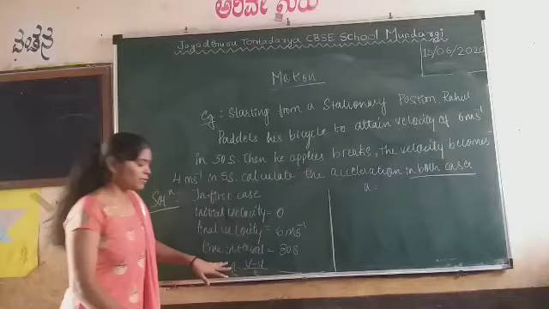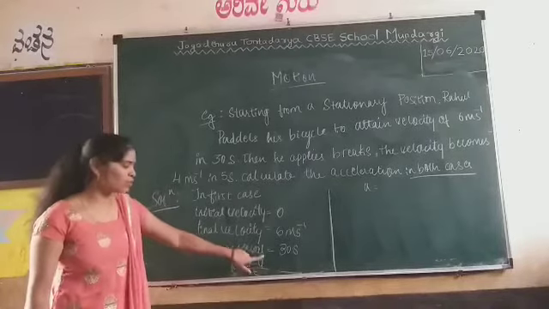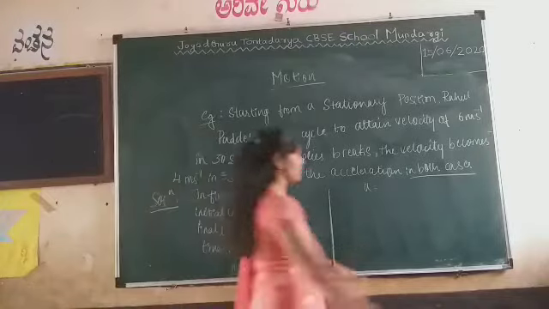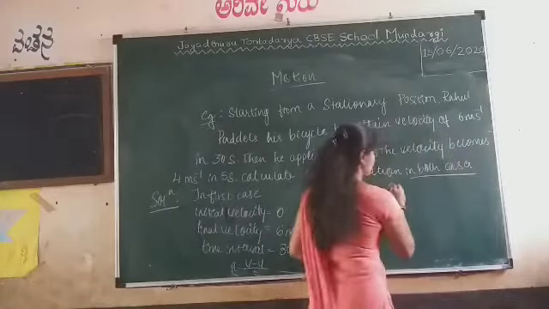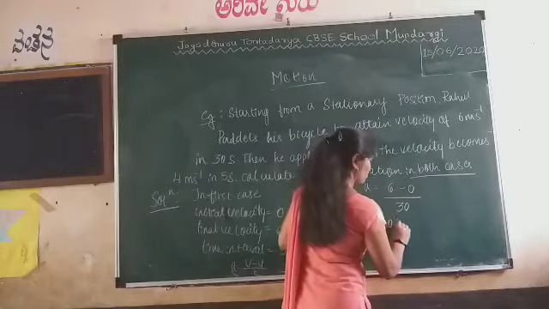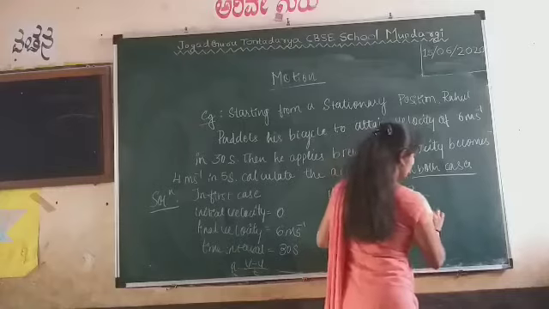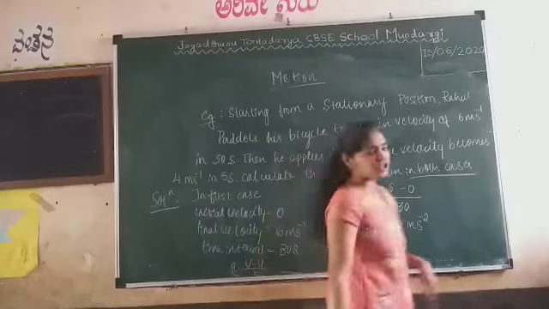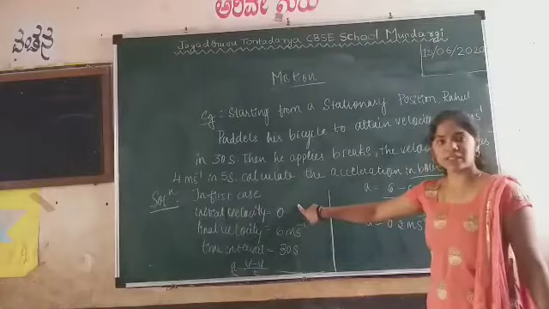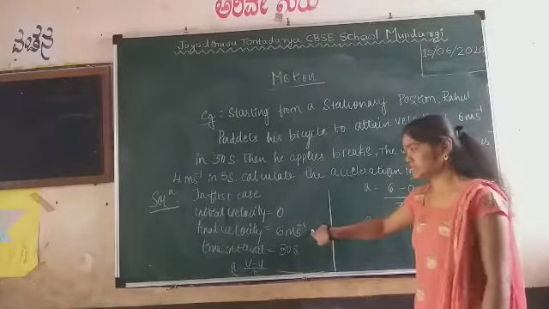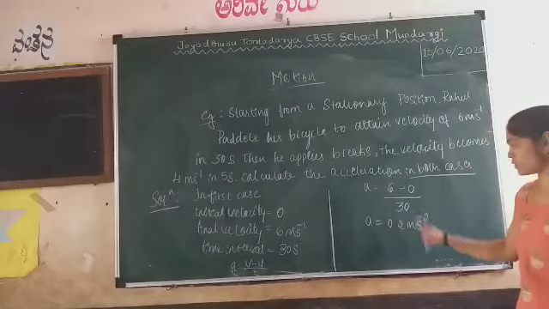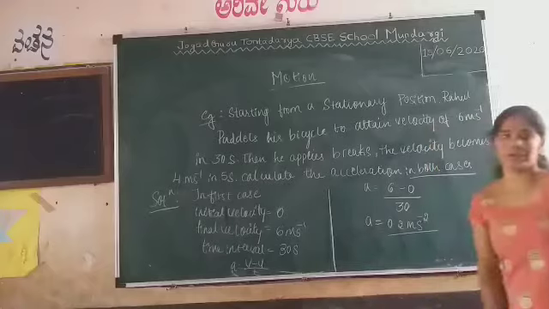So a equals 6 minus 0 divided by 30 seconds, which is 0.2 meter per second square. This is the acceleration in the first case.